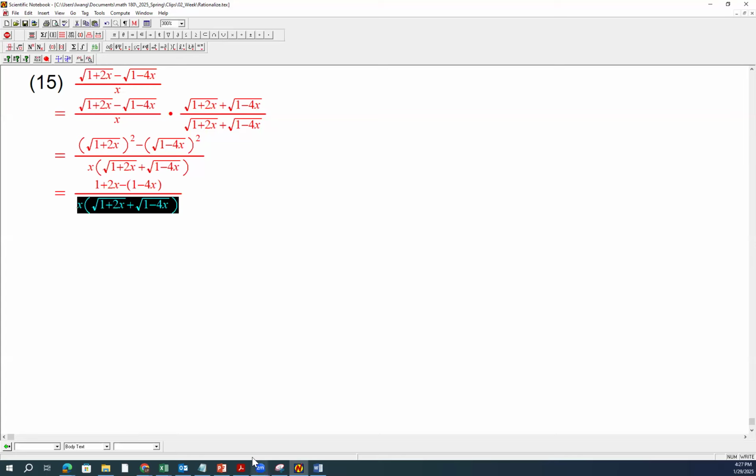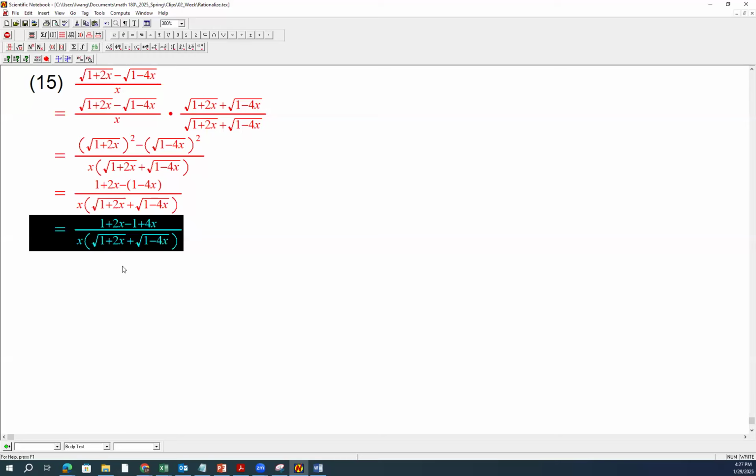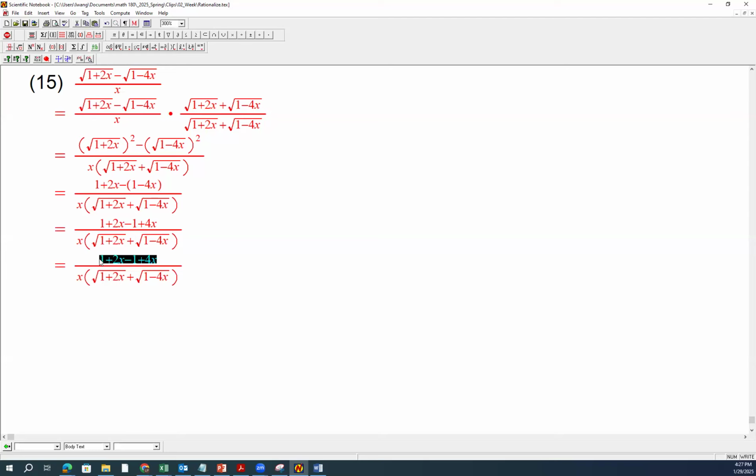So near the end, we are going to open the parentheses on the numerator. So that's going to be minus 1 plus 4x. And next, the numerator will be left with 6x.